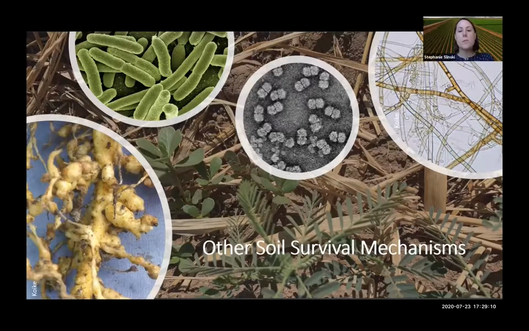And there are also some pathogens for which this is their primary survival mechanism, like Rhizoctonia, which primarily survives as mycelium in crop debris or in other hosts. Viruses can survive in weed species or in other vectors. Bacteria, and here are some root knot nematode infected roots. So there are many mechanisms for surviving in the soil.